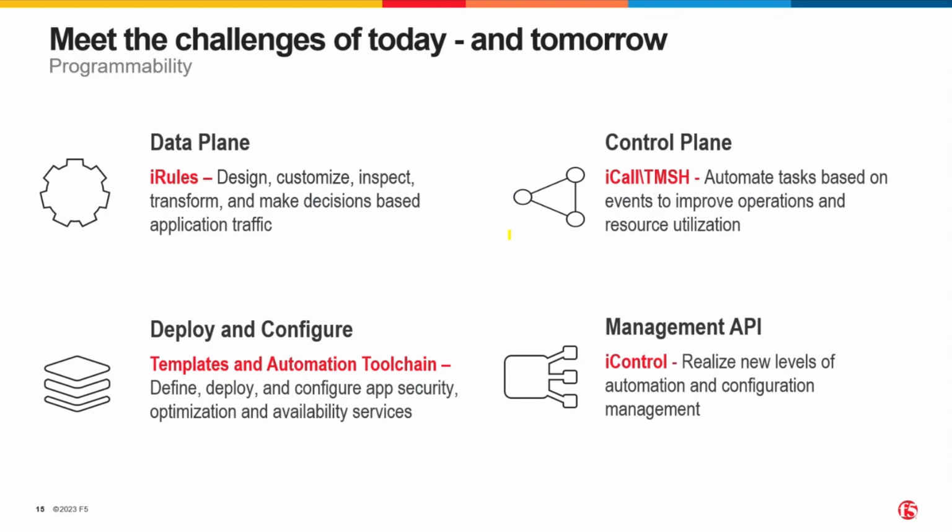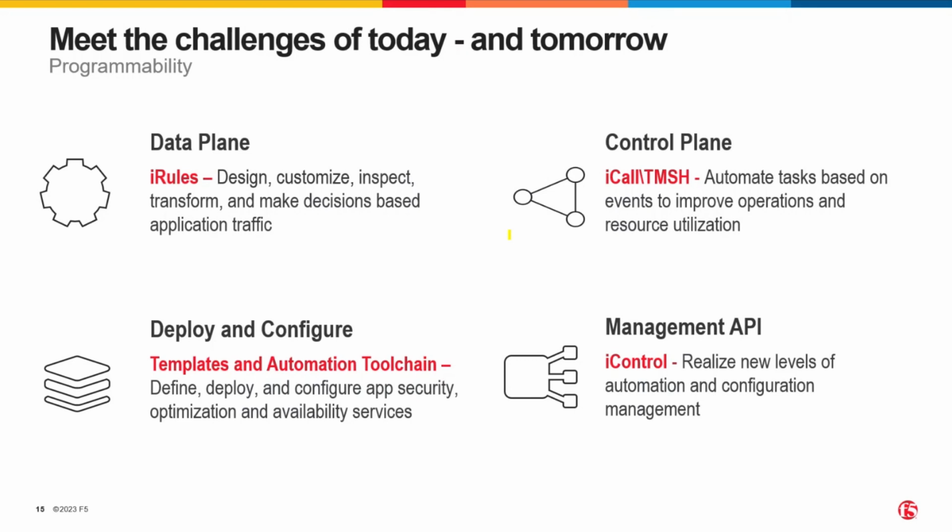We can have some different control planes, I call it TMSH. We can have some templates automating our configuration within the box itself, but we can use something called automation toolchain. So meaning we can use external solutions, even open source solutions, to automate the configuration of our BigIP. So the configuration can be created in seconds, actually.